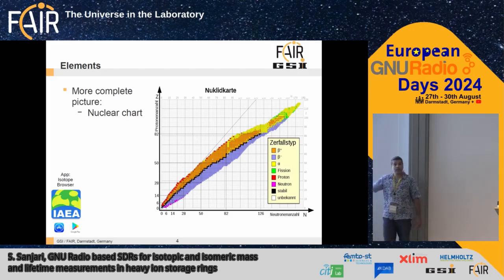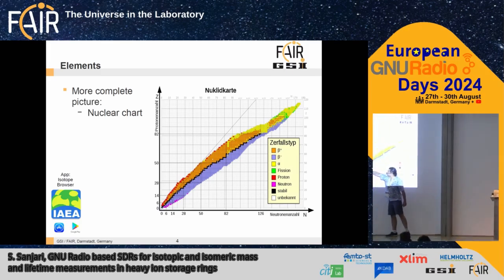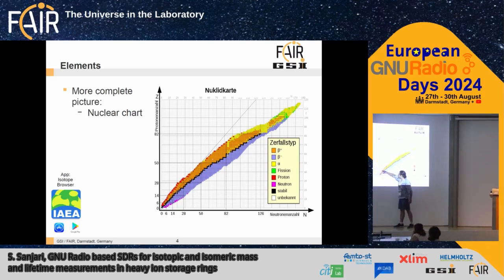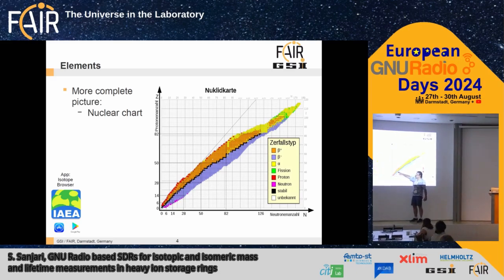You have seen this picture in Jens' talk at the very beginning. All of the stable isotopes are here in the black line, and for every named element you have a distribution of different isotopic configurations that you can have.